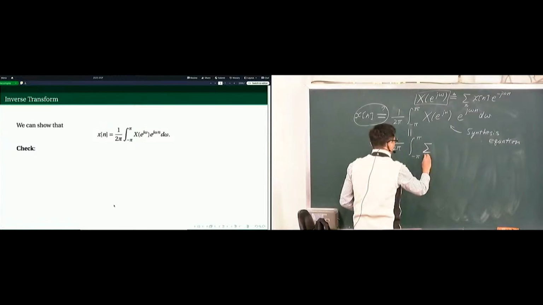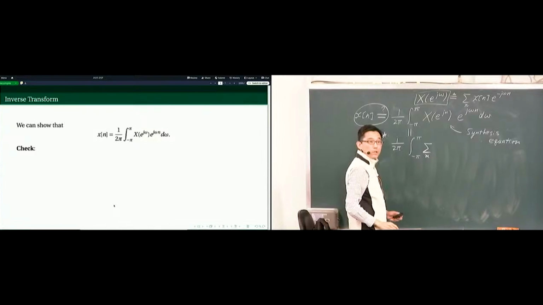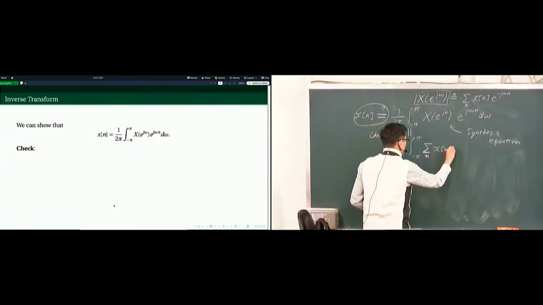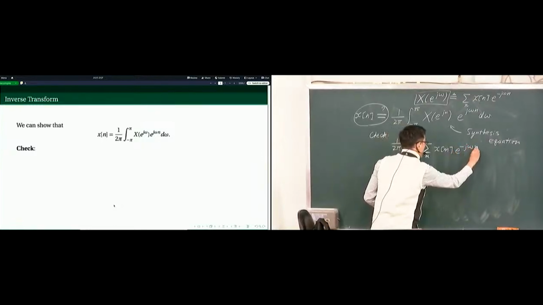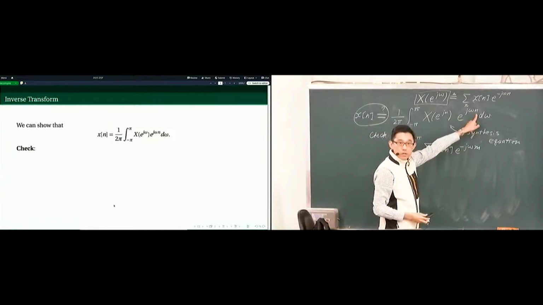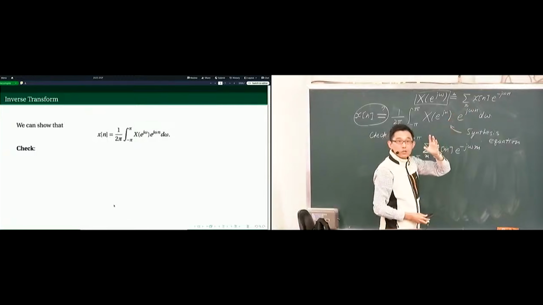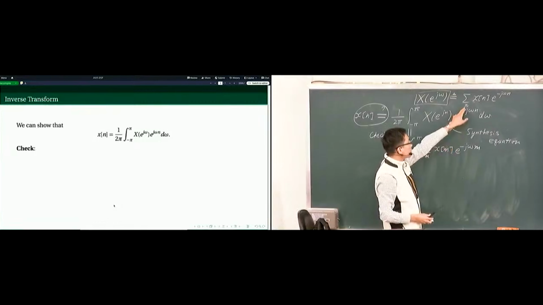And just to be smart, I want to rename my summation index. It's a dummy variable: x of m, e to the minus j omega m. Just not to confuse it with the n right here, and this is important. We don't want to confuse the summation index, which is a dummy, which is really just a summation index, with that n here.